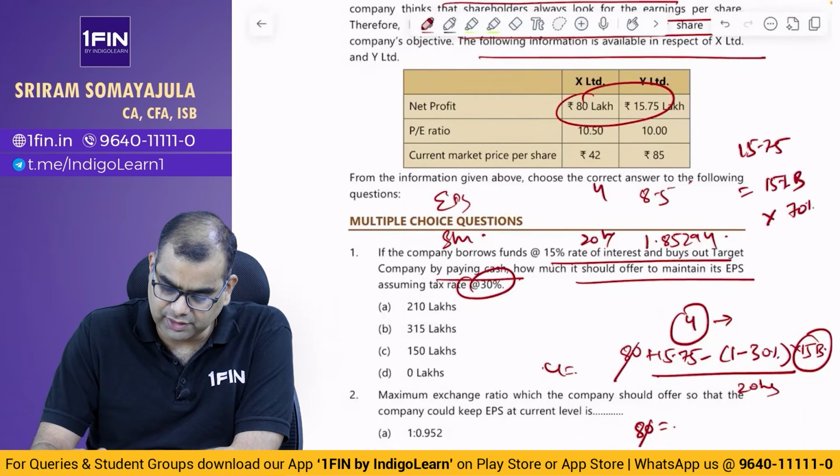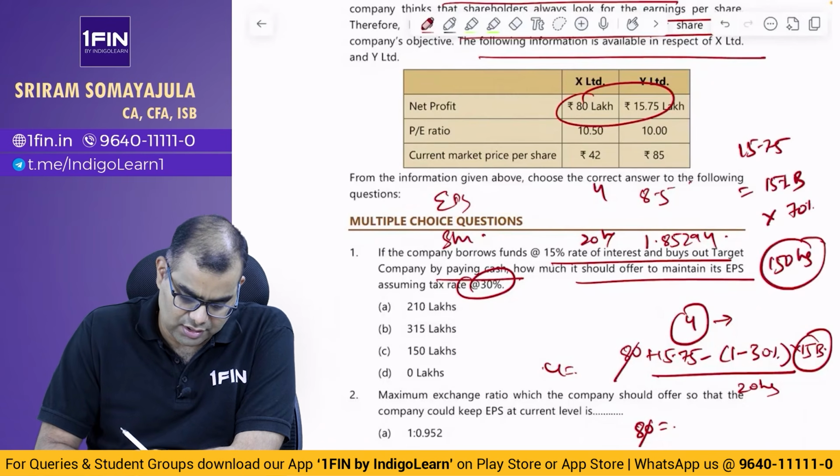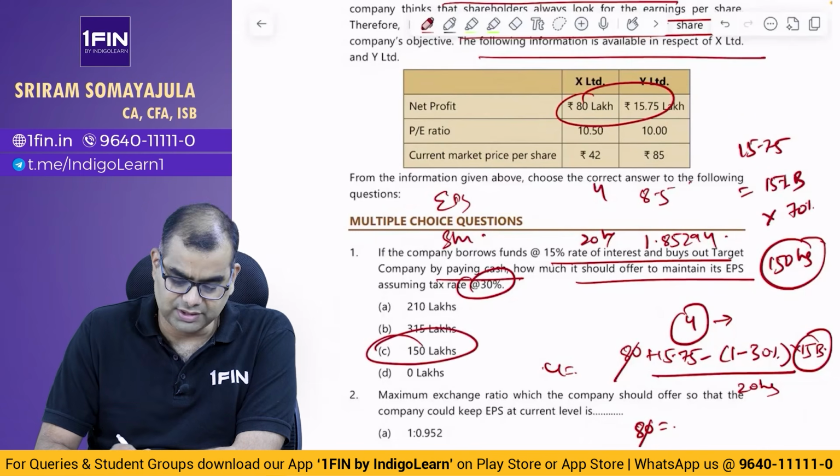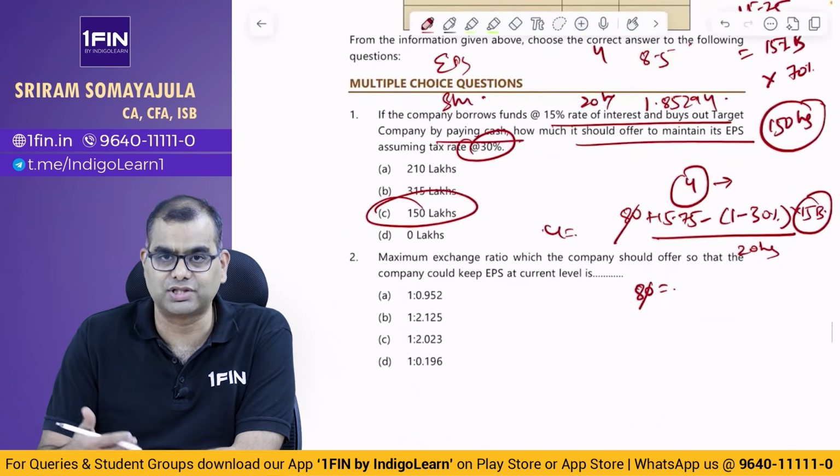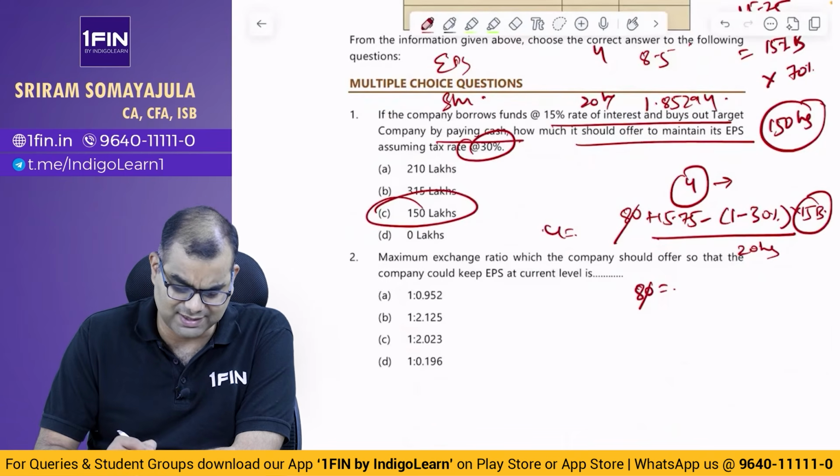So 15.75 divided by 0.15, divided by 0.7, gives borrowing of 150 lakhs. Borrowing is 150 lakhs means that is how much it should offer: 150. Okay, this is a quick way to solve it. You can solve it slowly and easily, but I would suggest to move faster. This is actually a past exam question also.